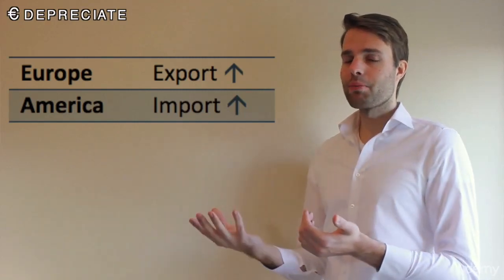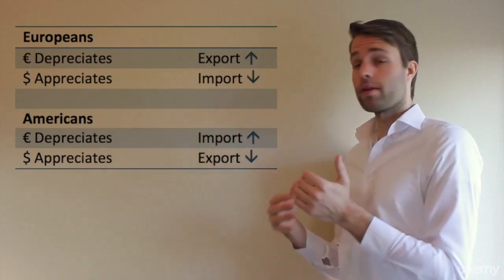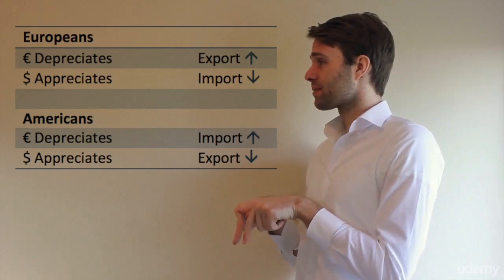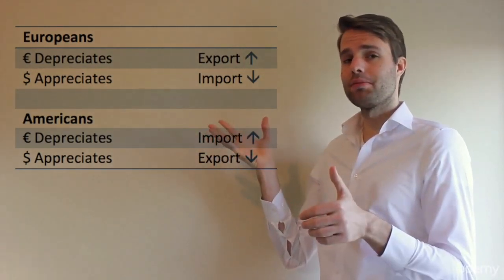When we look at the American point of view though, we know when the euro depreciates, the US dollar has to appreciate. So they have a strong dollar. Well, yes, they will import more, but they will export less, because for Europeans, it's now more expensive to buy American goods. So when we look at a complete balance of trade from a European point of view, when the euro depreciates, they will export more because it's cheaper for Americans to buy.